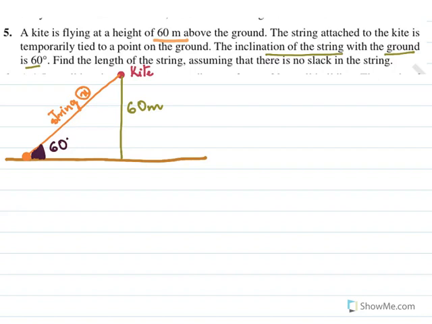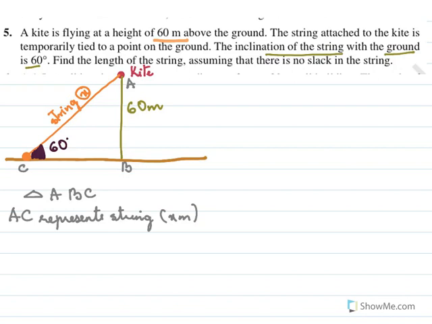We'll mark these points. We'll mark this as A, the kite, B is on the ground, and C is on the ground. So in this triangle ABC, AC represents the string, and in this case we will take it as x meters.